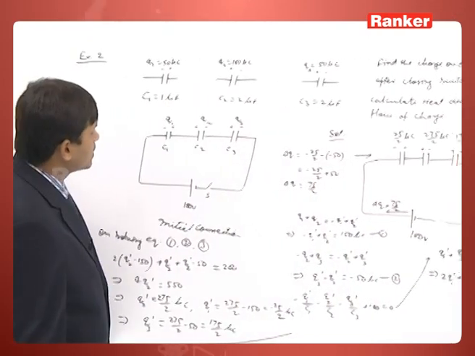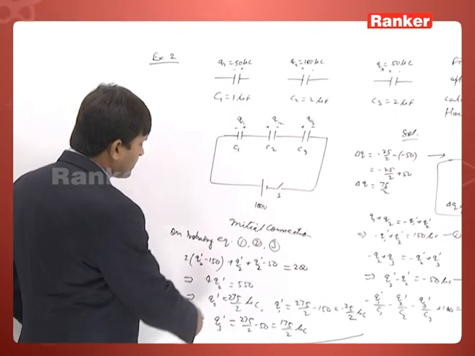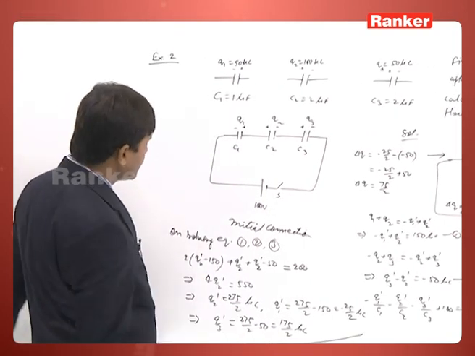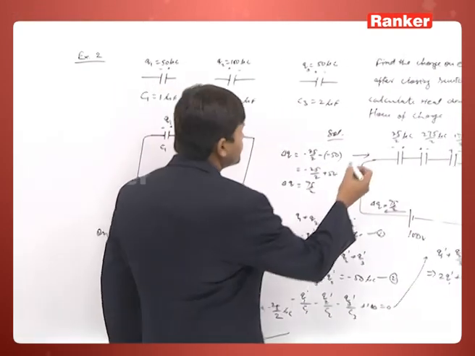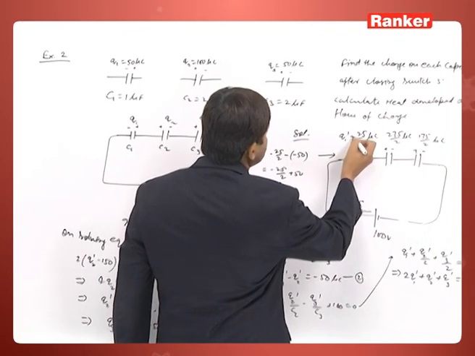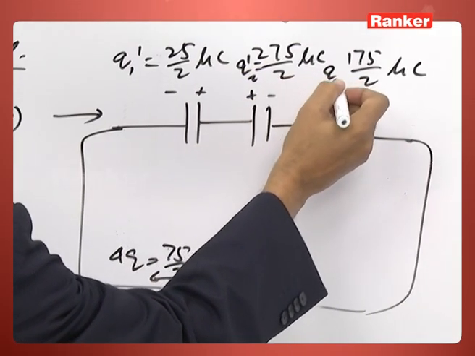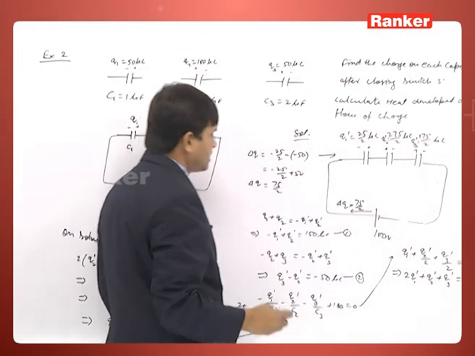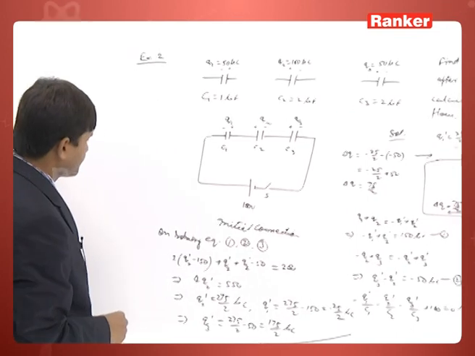So now if we want the heat calculation, see how to calculate heat. These are the values of charge which you have to remember, and I have already written them somewhere here. This is your Q1 dash, this is your Q2 dash, and this is Q3 dash. Now see the calculation of heat energy.